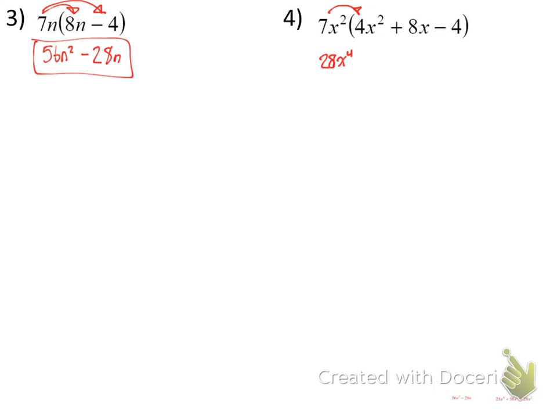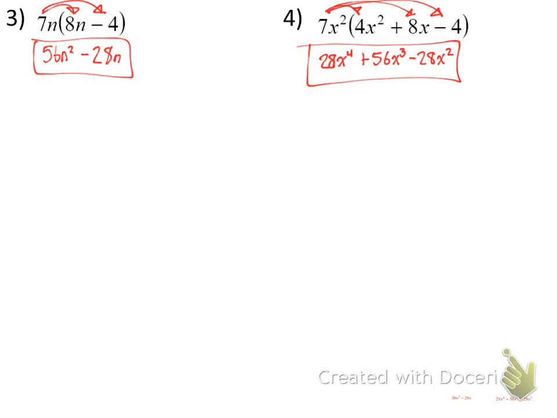Students, quiet down. Then we got 7x squared times 8x is positive 56x cubed. And then we got 7x squared times negative 4 is negative 28x to the second power. That's it.